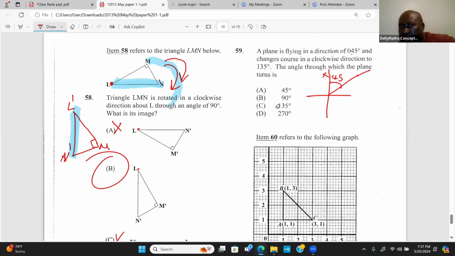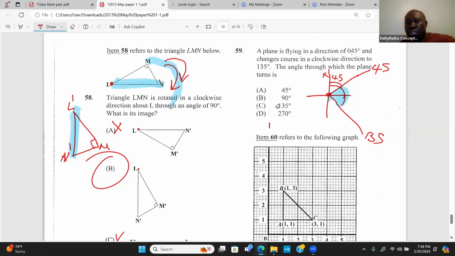The angle through which the plane turned. So in other words then, 45, 135. They're just asking you that angle here.